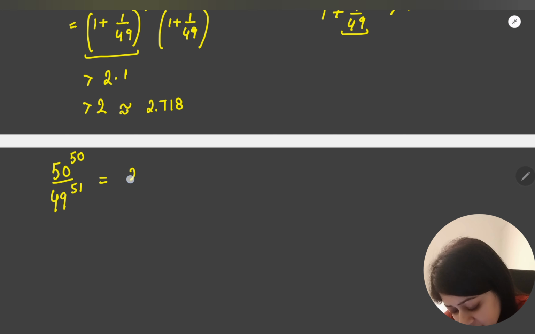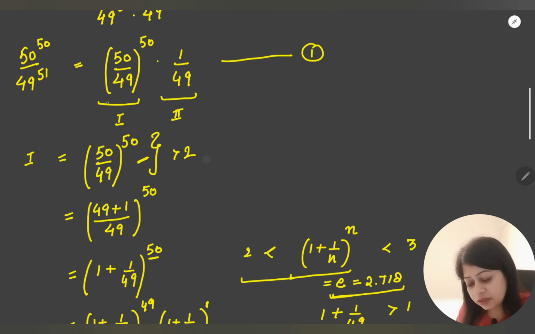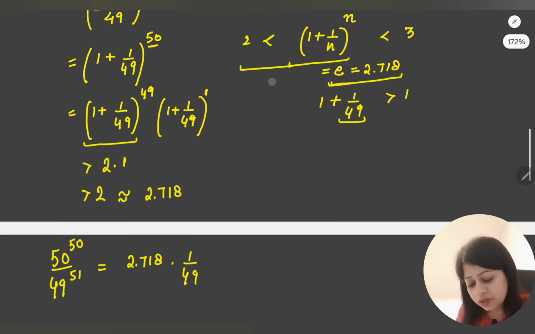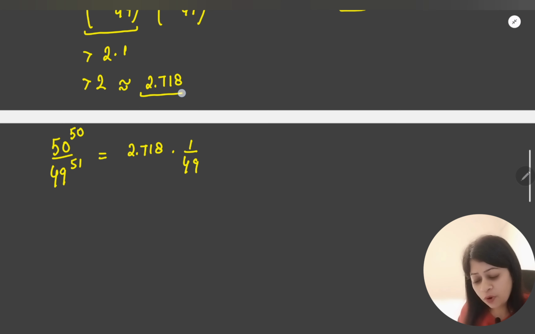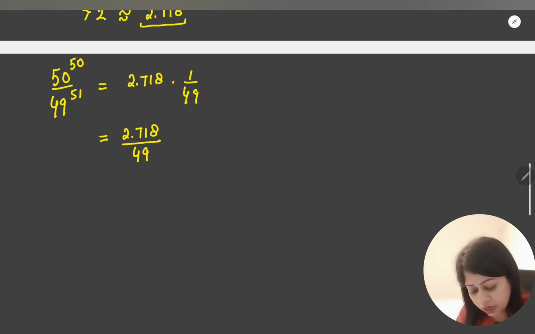Right hand side is approximately 2.718 multiplied by 1 by 49, because the first term is approximately equal to E, and the second term is 1 by 49. So 2.718 divided by 49 will be somewhere 0.5 something.